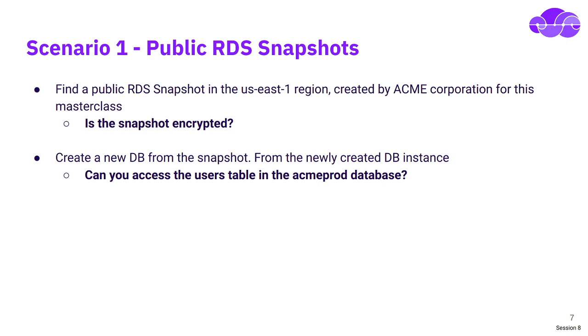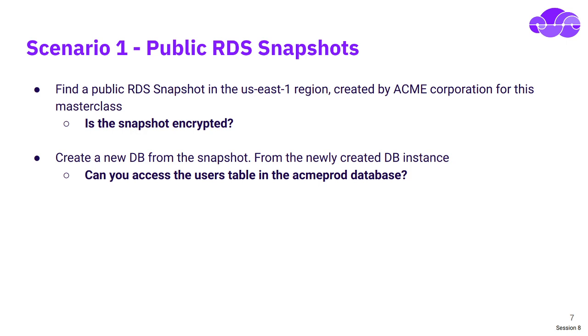The question you have to answer is: is the snapshot encrypted? We're going to answer the second question once the database is created from the snapshot. Let's go ahead and find the snapshot first. The information that you have is that it's been created by Acme Corporation for this masterclass, and it's in the US East 1 region.